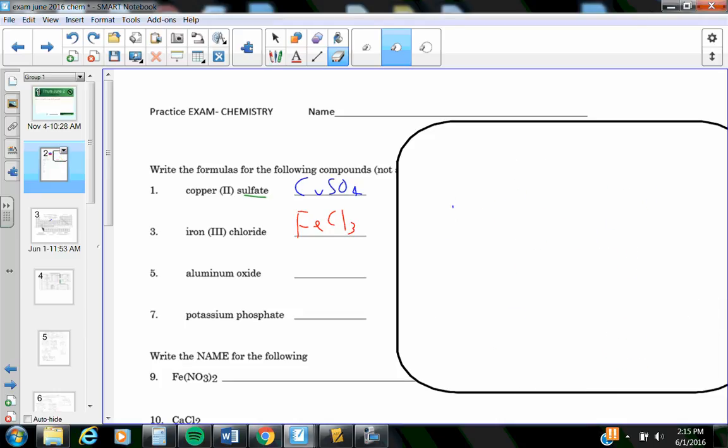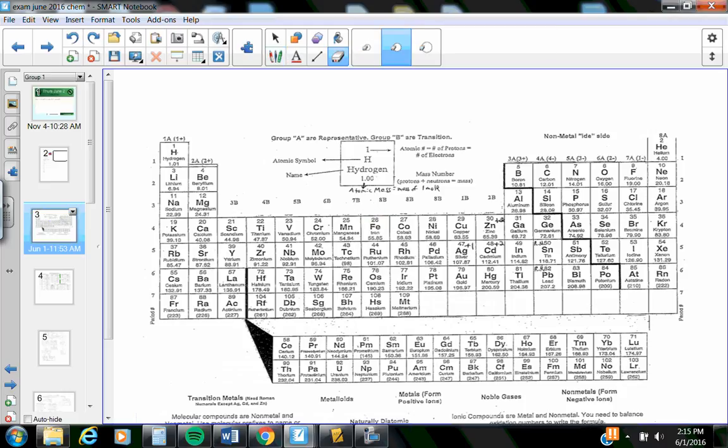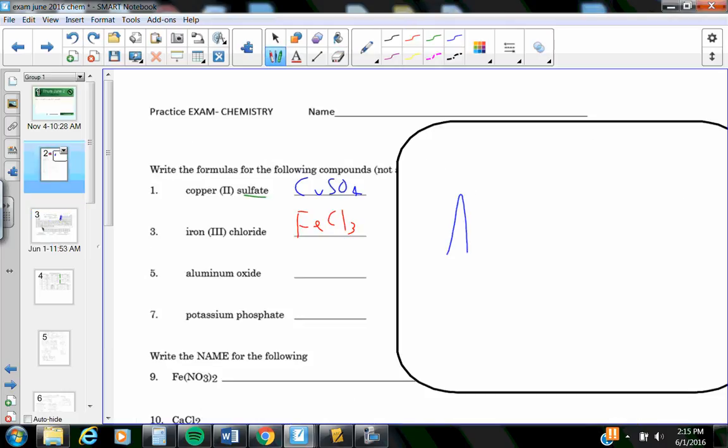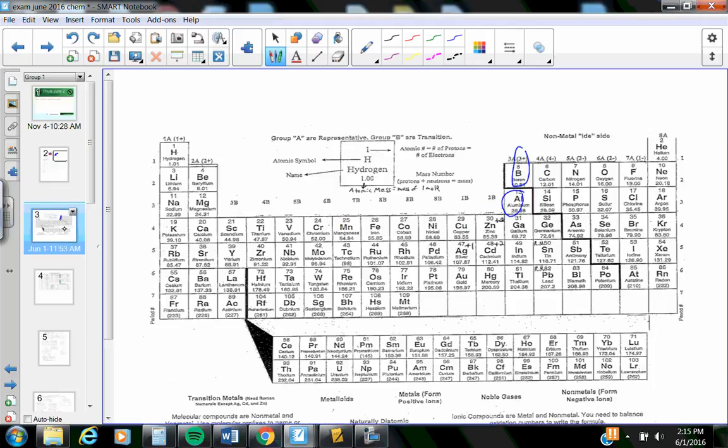Next one is also not an acid, also no prefixes. Find aluminum. Aluminum is in a predictable column, +3. Oxide is on the nonmetal-ide side. Oxygen, -2.